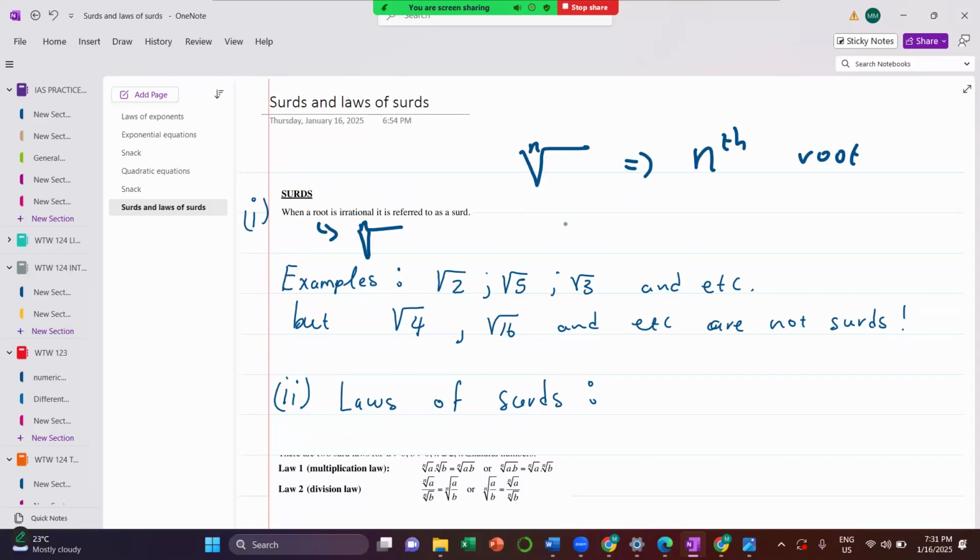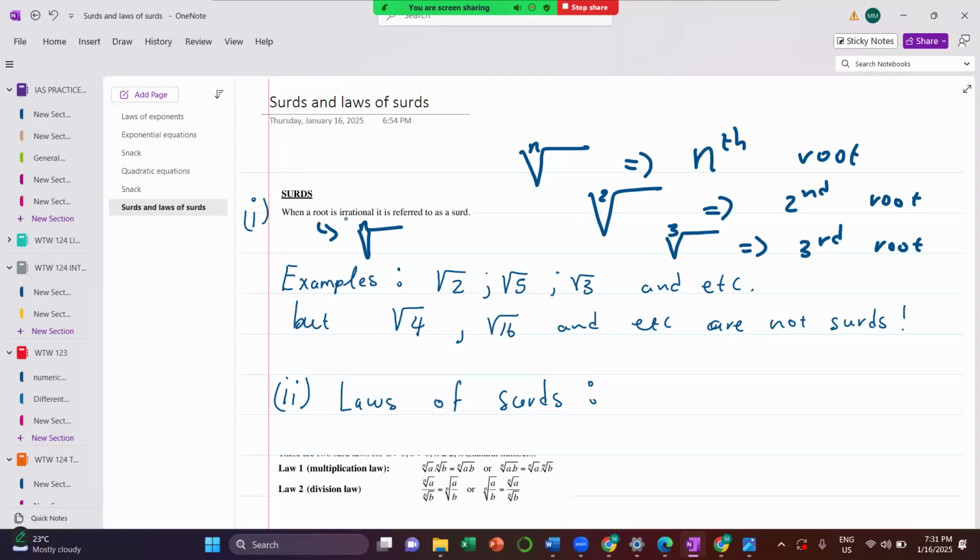So in other words, if you have a square root, you actually have a 2 here. A square root is actually referred to as the second root. If you have a 3 here, it's the third root. Do you guys understand? Yes, sir.